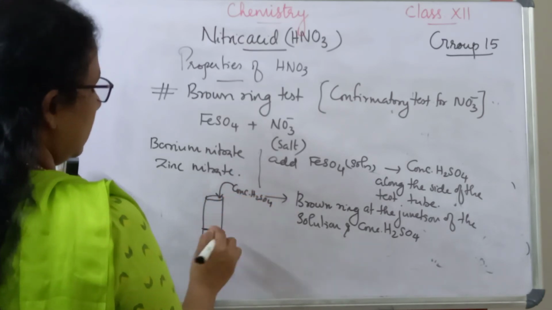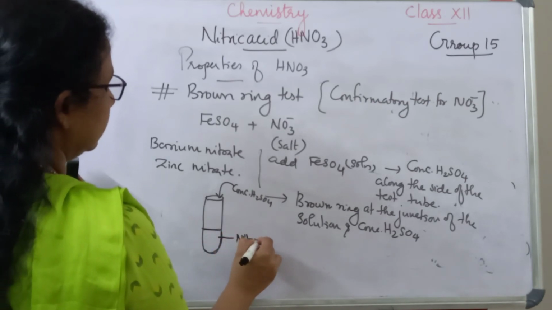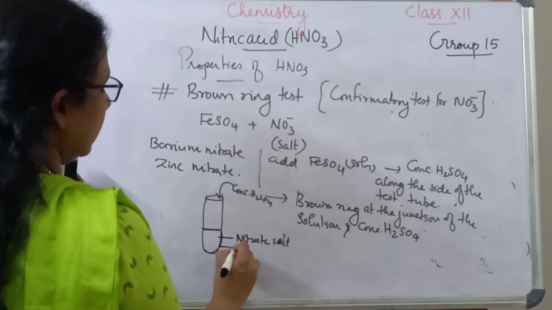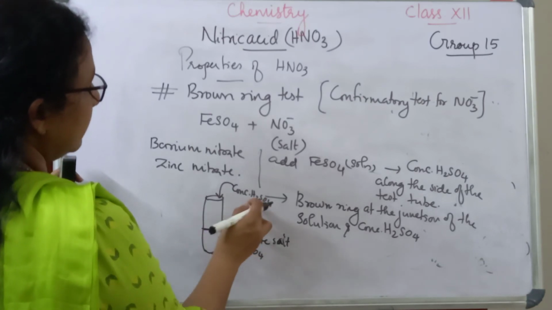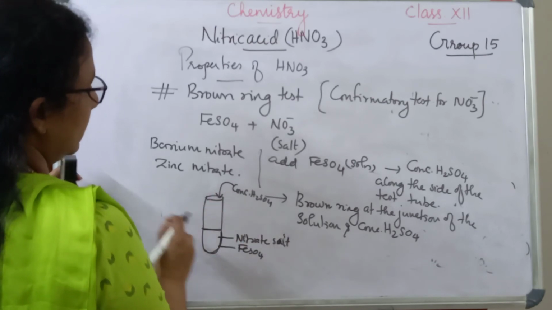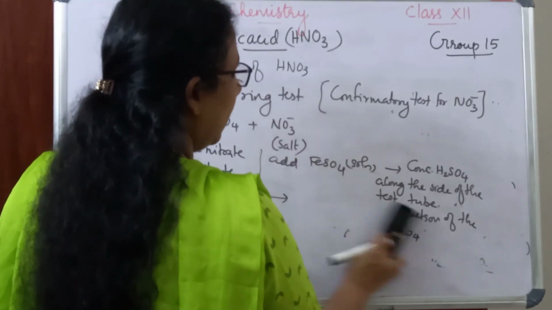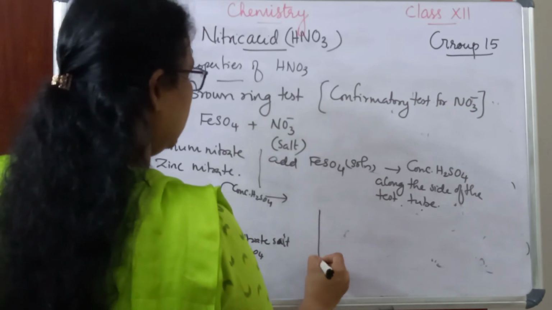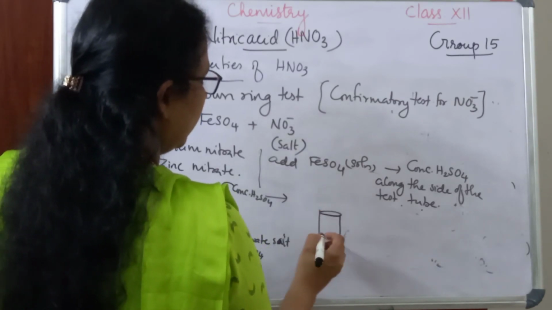So this test tube will contain the nitrate salt and ferrous sulfate, so we will get a mixture. In that mixture, we will add concentrated sulfuric acid along the side of the test tube. After that, we can see a brown ring at the junction of the two liquids.